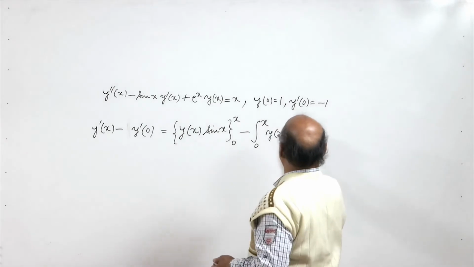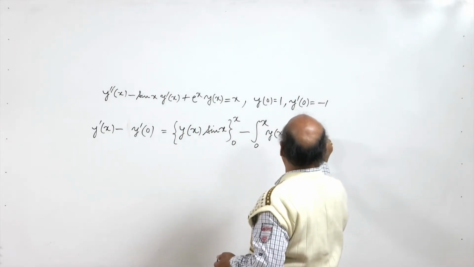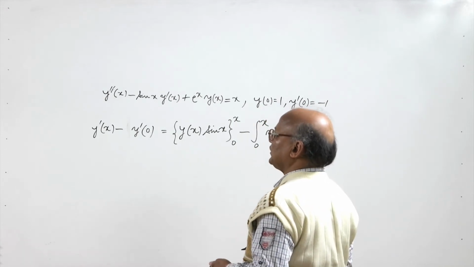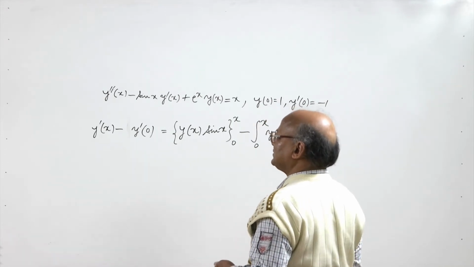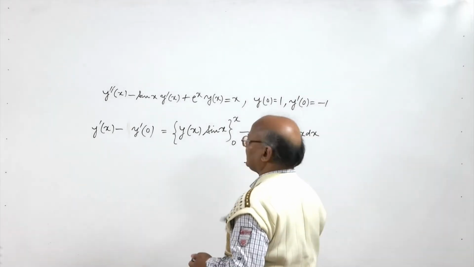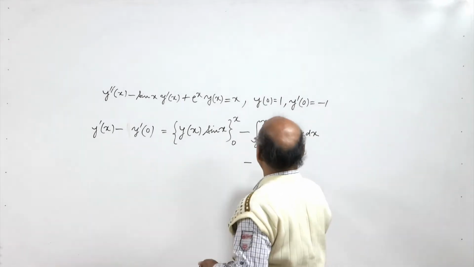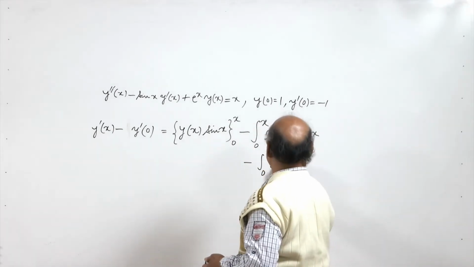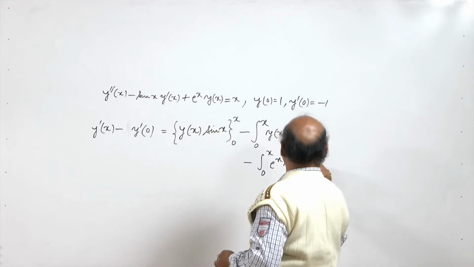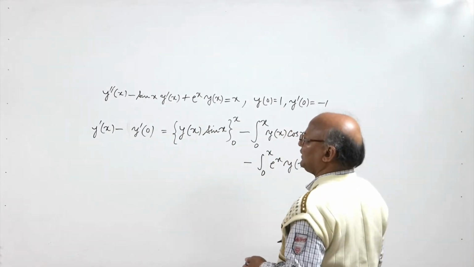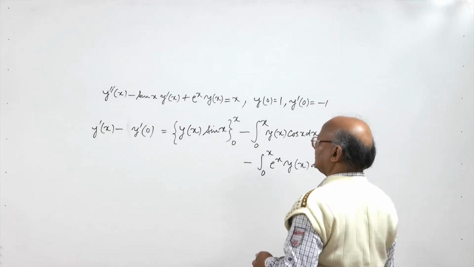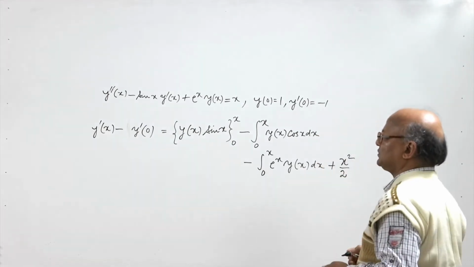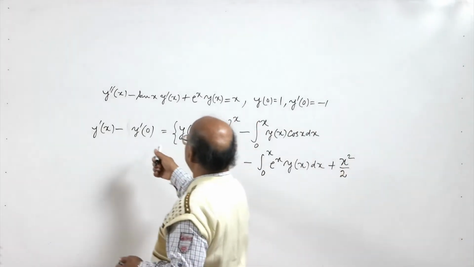Derivative of sin x is cos x, and then we have minus integral 0 to x e to the power x y x dx. So, we will get x square by 2, because its value at 0 is 0. So, x square by 2, and y dash 0 is equal to minus 1.